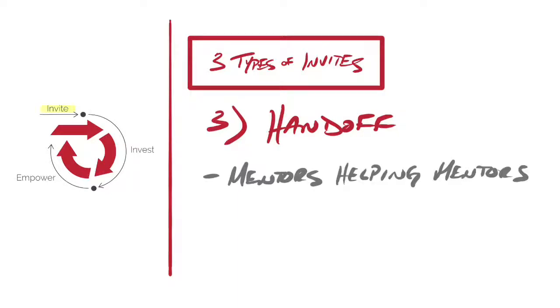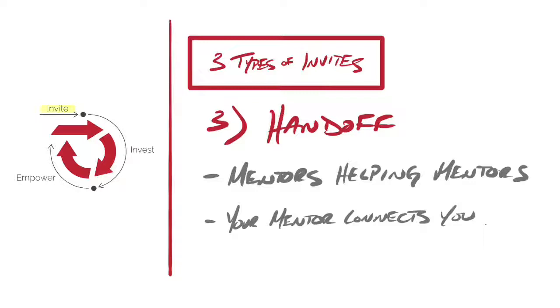Now, the last method we call the handoff. This is the method for mentors who want to help other mentors. This is especially helpful for churches or ministries who are just getting started. If you're training up a bunch of mentors and you want to release them, pastors and ministry leaders, you'll want to help make the handoff. We have some other training videos that explain this more fully. This is where your mentor connects you to someone else.